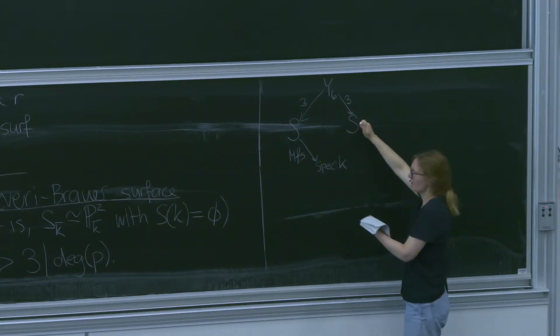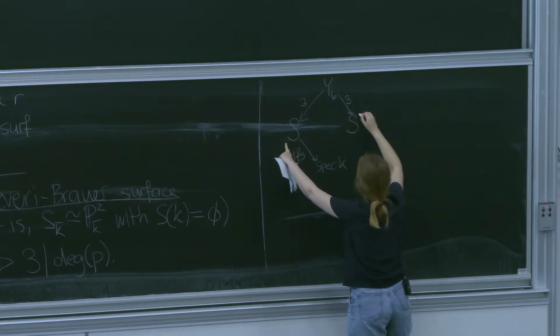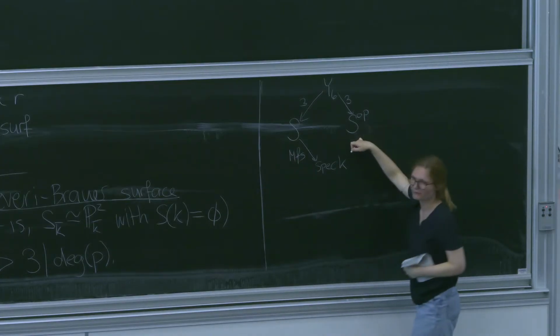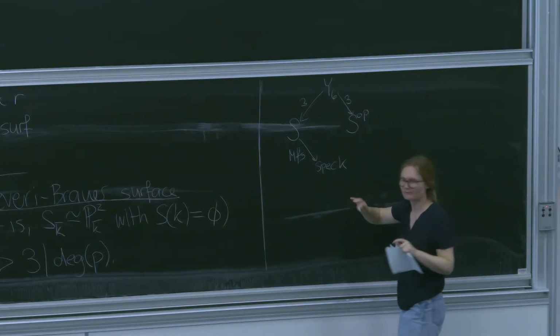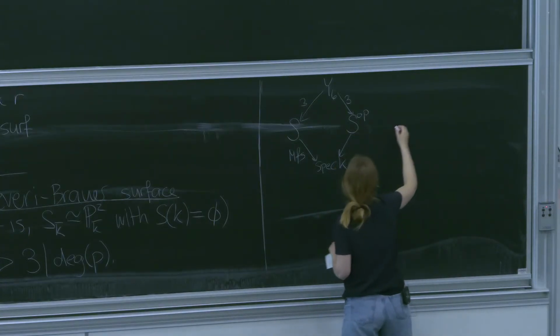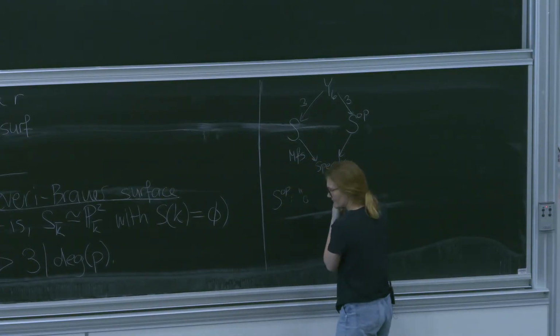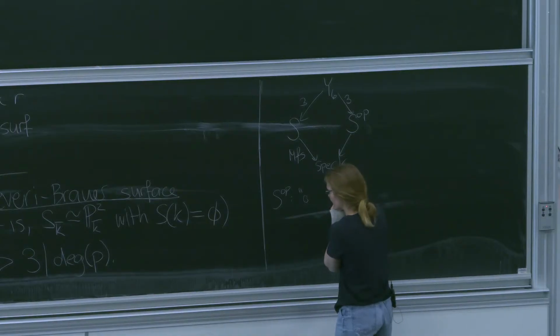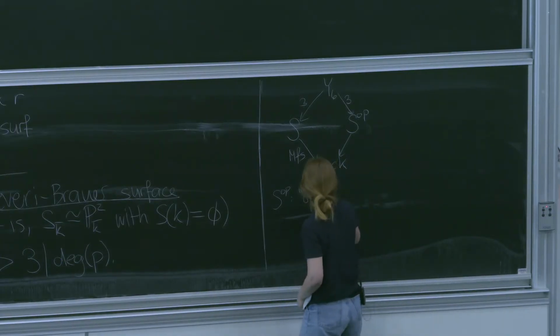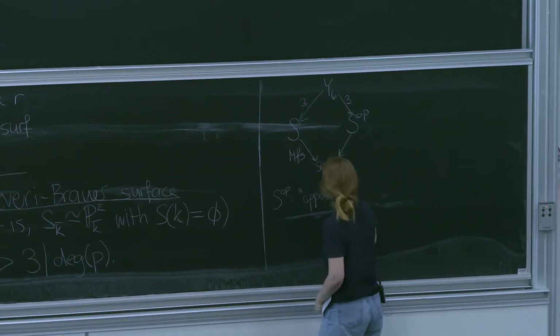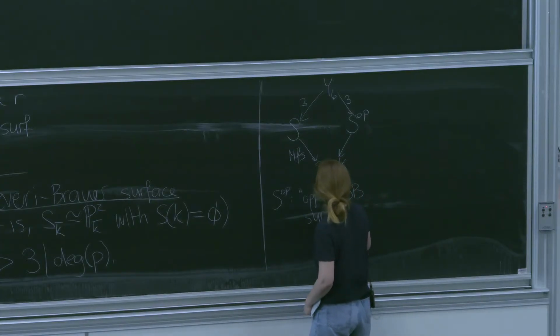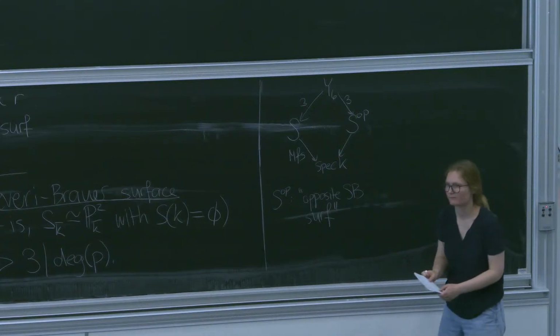But in fact, this is not the same surface as in the beginning, but it is the opposite Severi-Brauer surface. So this is also a fact. So here S^op is the opposite Severi-Brauer surface. Yes?